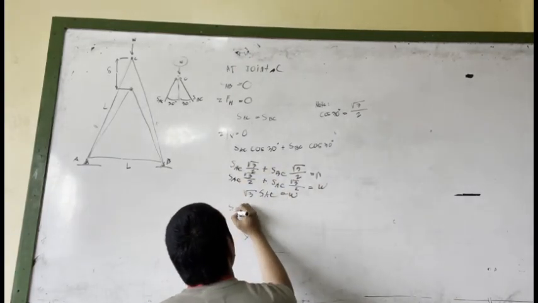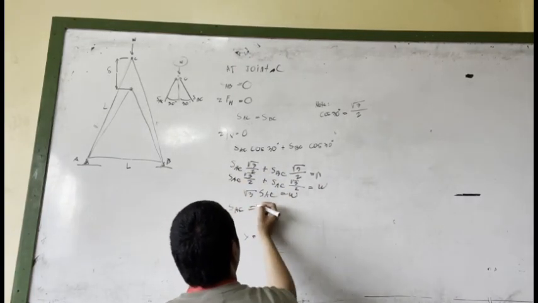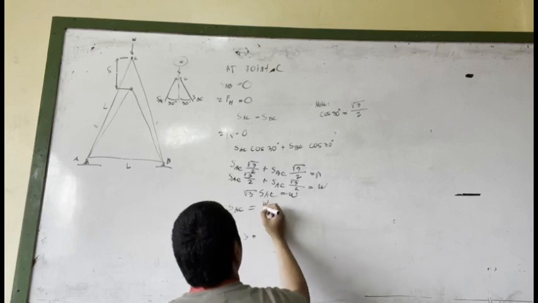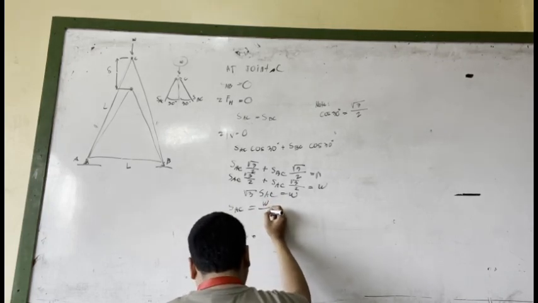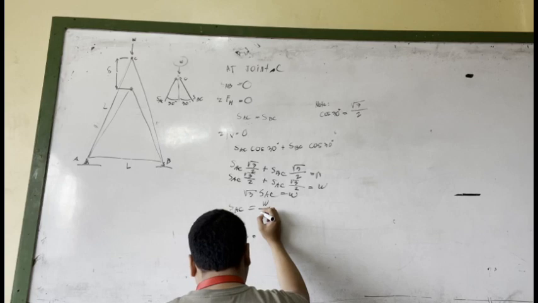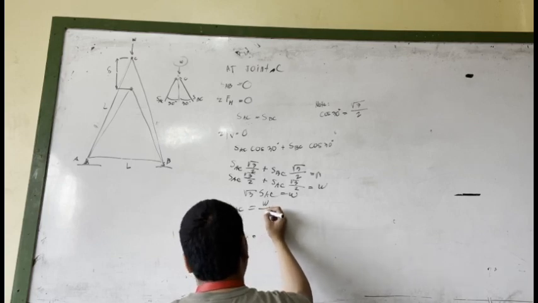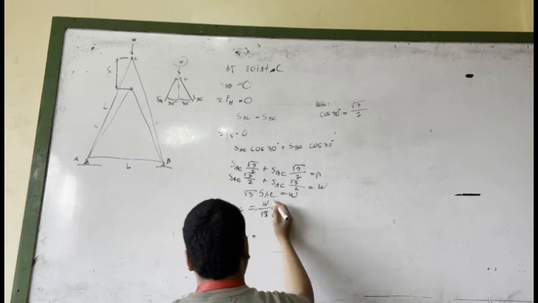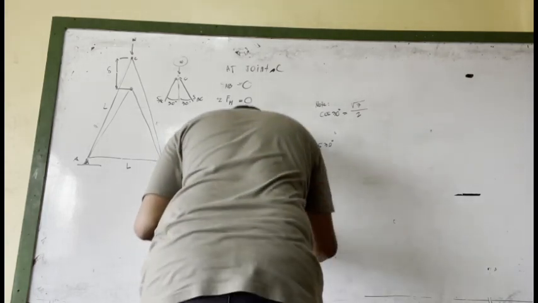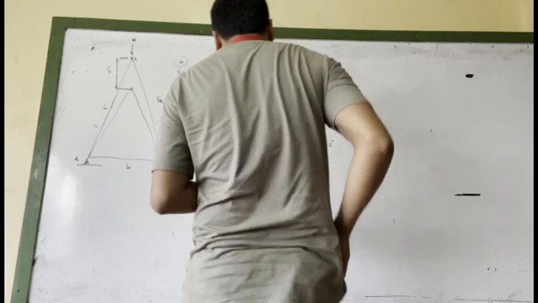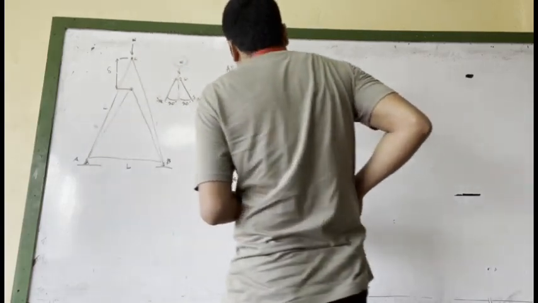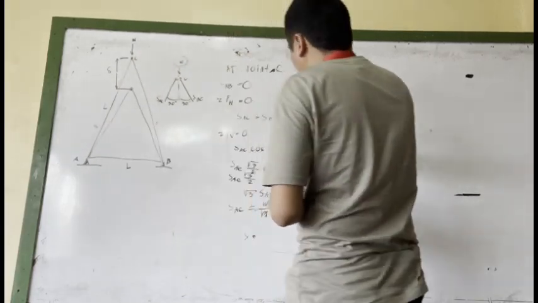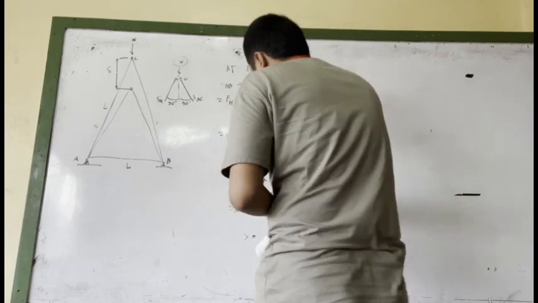So S_AC will be equal to W over square root of 3. Since S_AC is the same as S_BC, S_BC is the same.